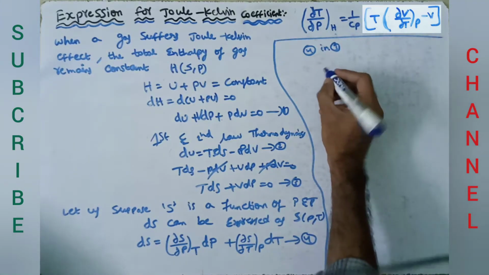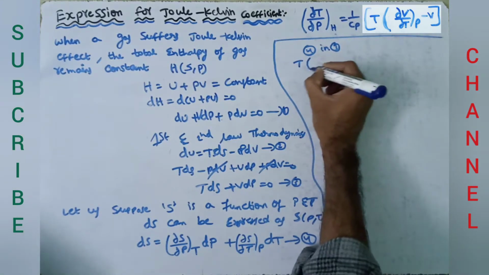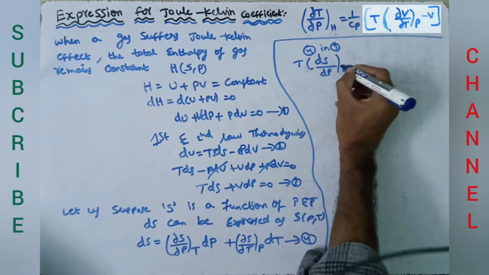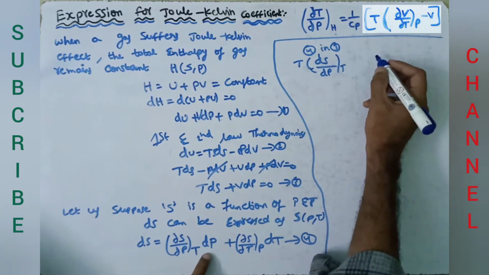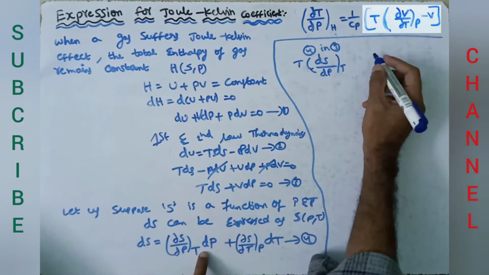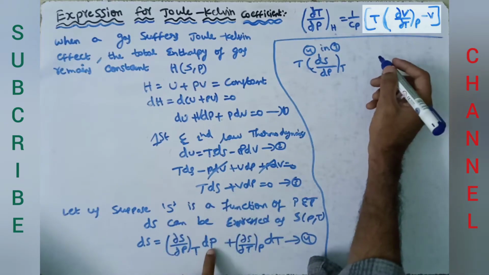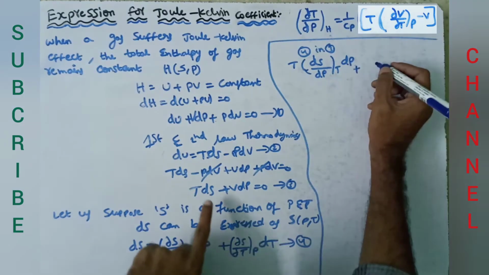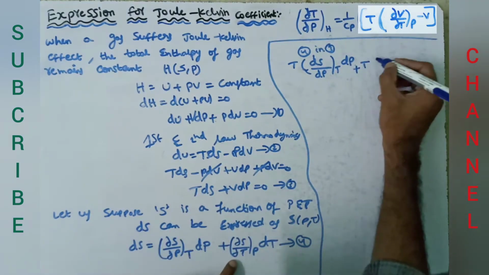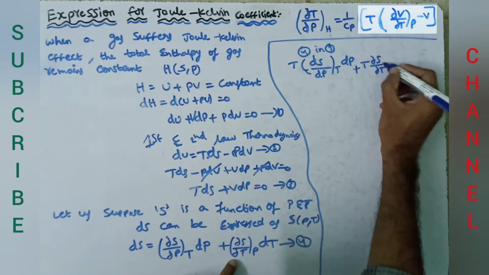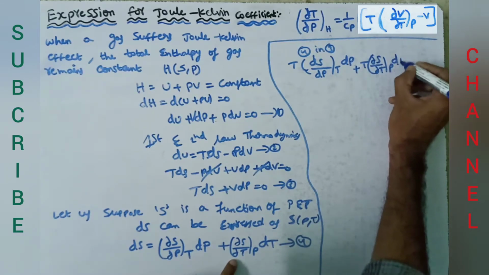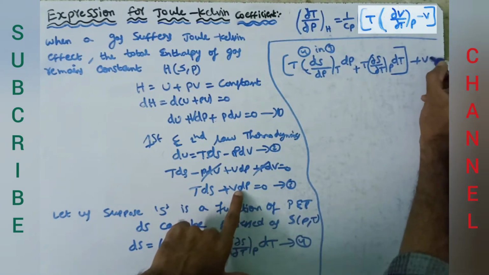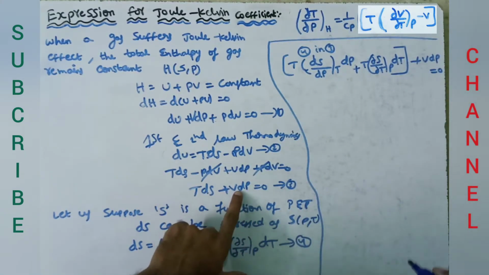we get T into dou S by dou P, where temperature is constant, into dP, plus T into dou S by dou T, where pressure is constant, into dT, plus V dP is equal to 0.